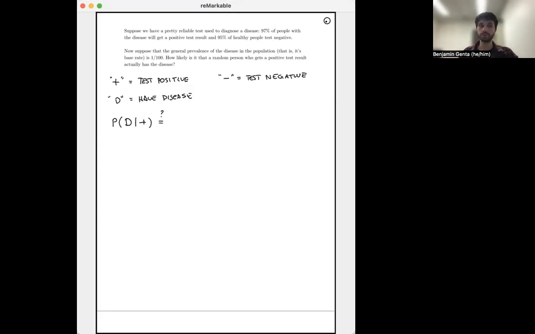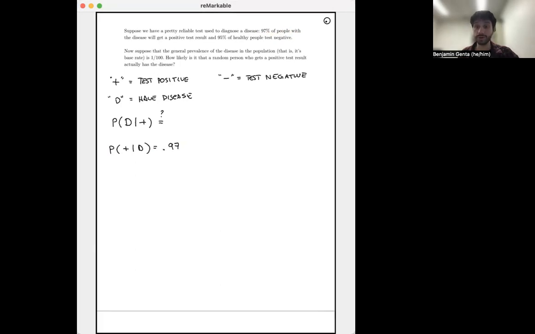And step 2, you might ask, well, what do we know? What we know is that 97% of people with the disease will get a positive result. That tells us that the probability that you test positive, given that you have the disease, is equal to 0.97.